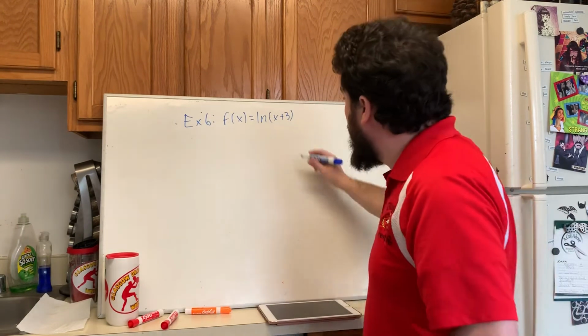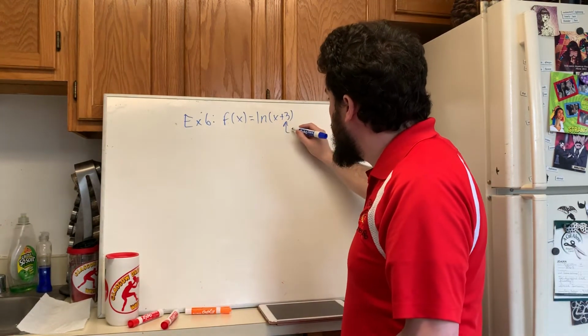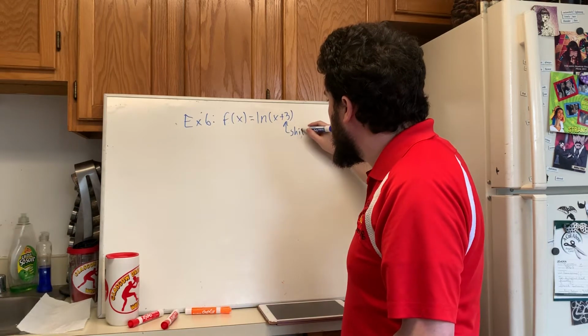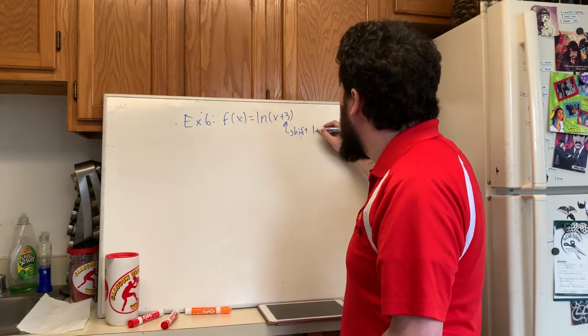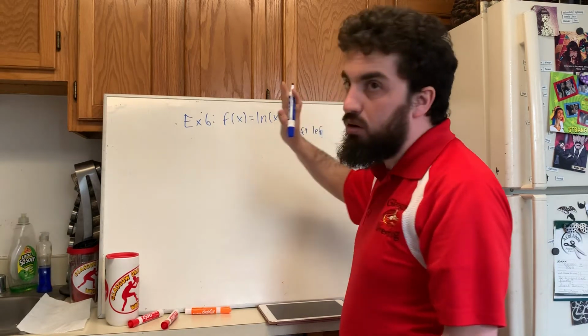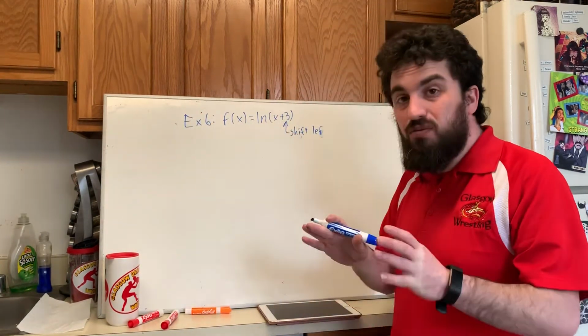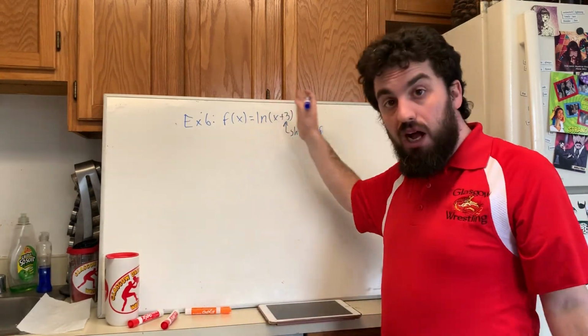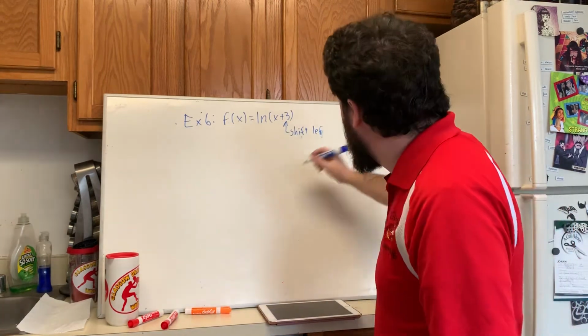Now remember, this means shift left 3. Remember, when it's inside the function like this, it moves in opposite. We're used to positive going to the right. This actually shifts it to the left.